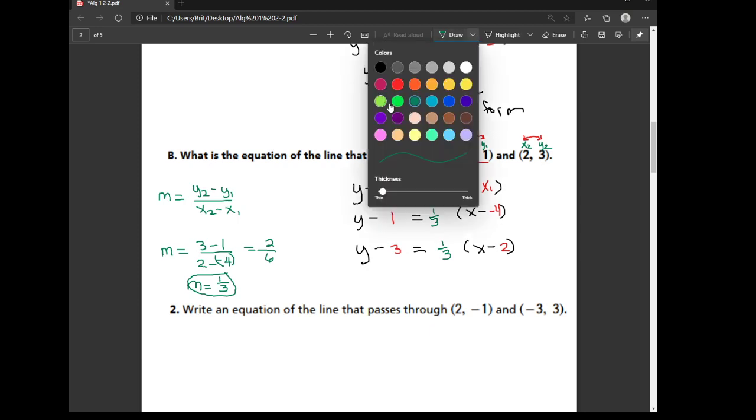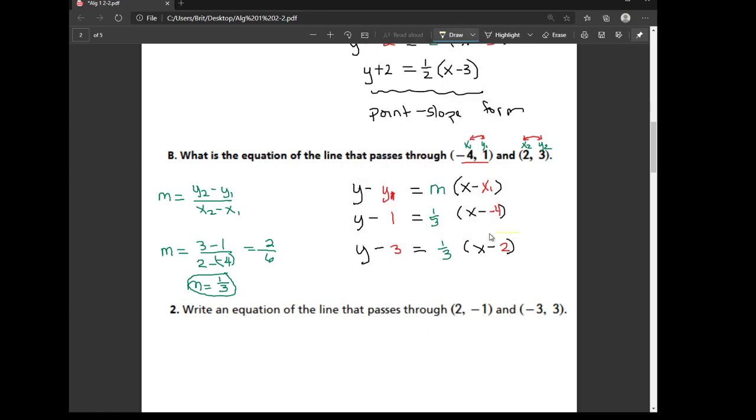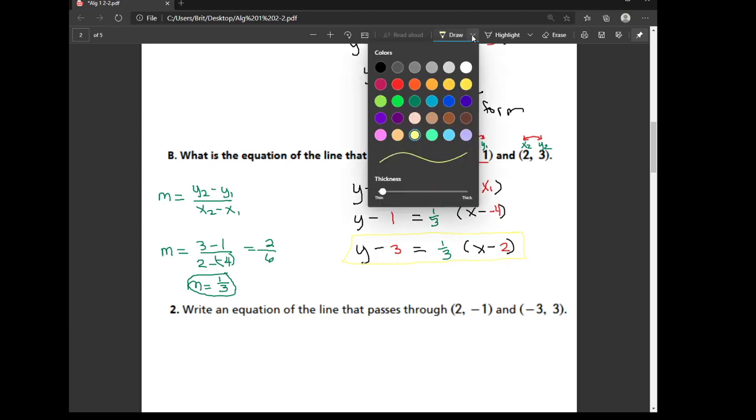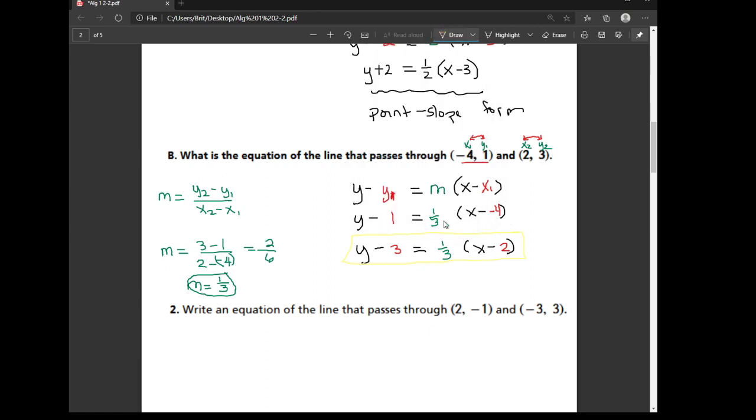Now if I'm looking at these, this bottom equation is already good to go, just boxing it in yellow, because it doesn't have any multiple operations in a row. There's just y minus a number, or x minus a number. But on this middle equation, I need to change it a little bit because in my second set of parentheses I have x minus -4.